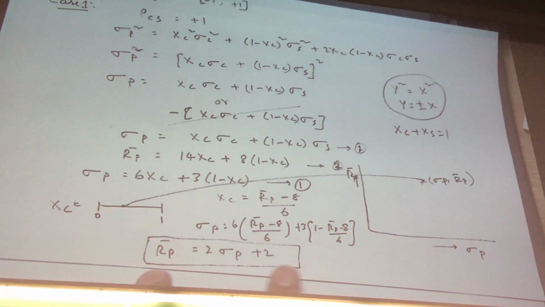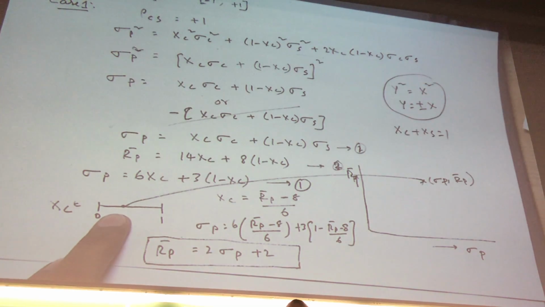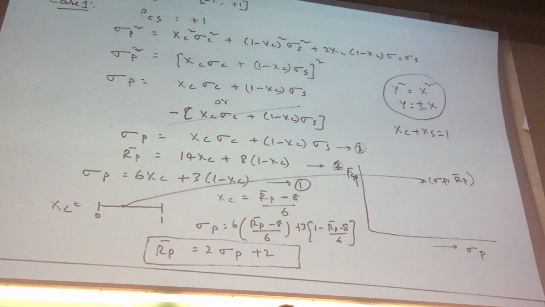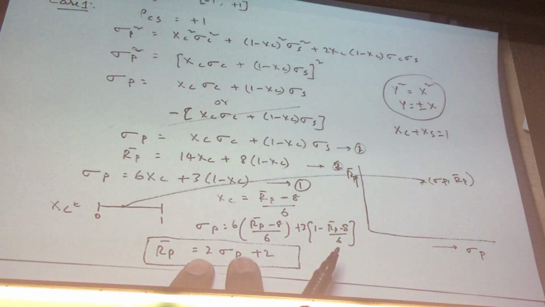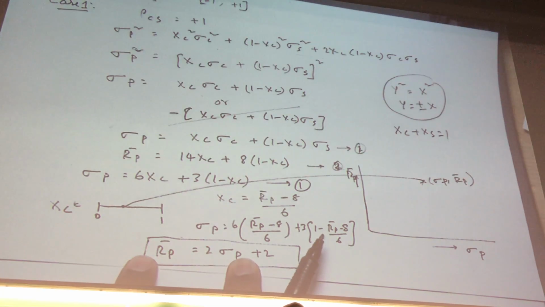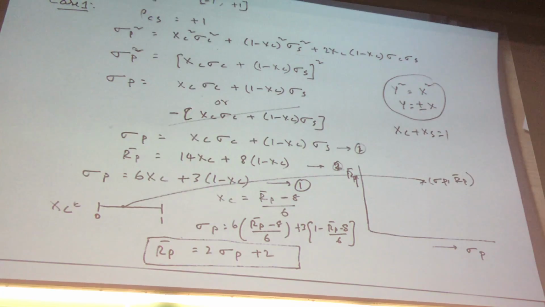Because this equation is extracted under the assumption that, whatever the point may be, we eliminated xc totally, apologies. I am taking back the last sentence. Whatever value xc is going to take, the relation between the standard deviation and returns would be according to this equation.